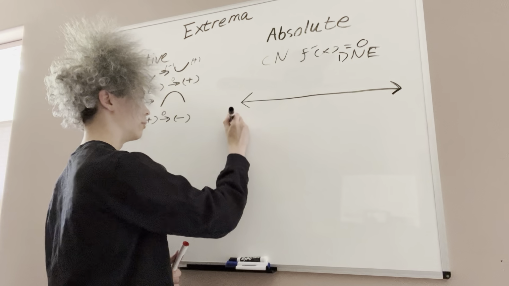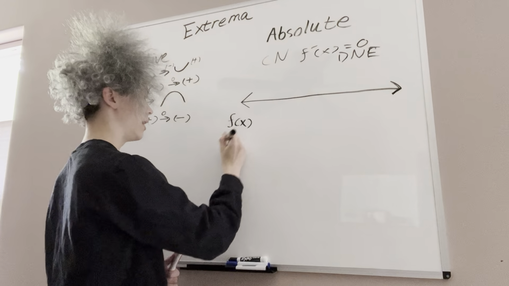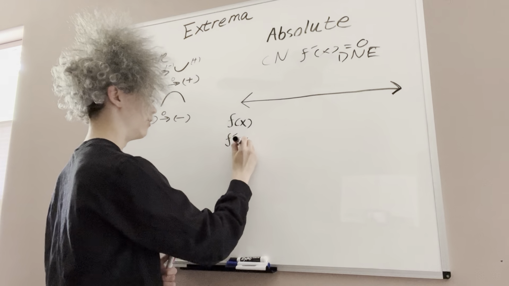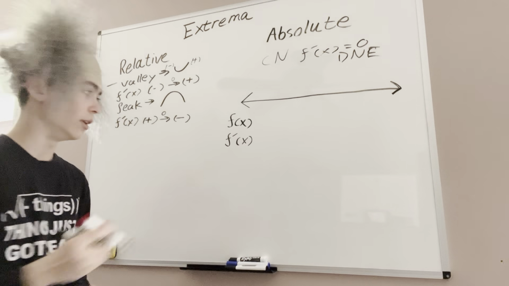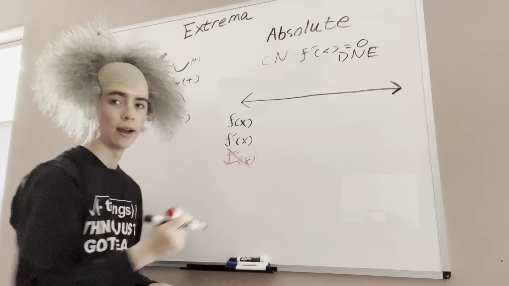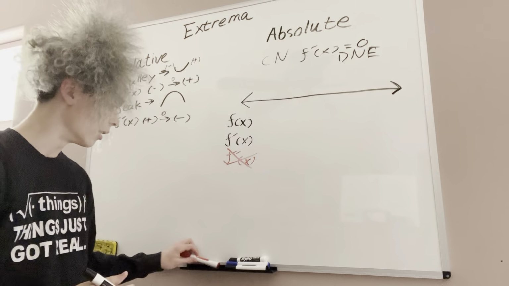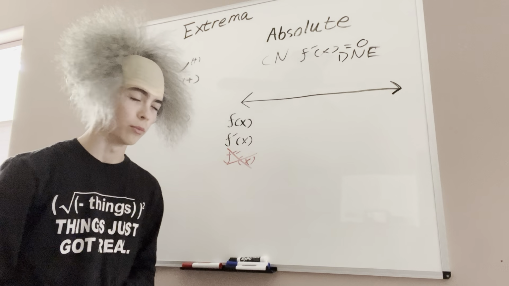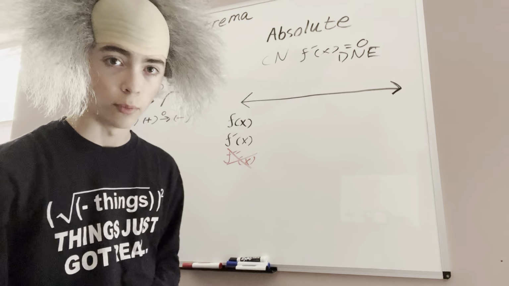And I like to label f of x on the side, f prime of x, and eventually when we start dealing with concavity, we'll have f double prime of x, but we're not going to deal with that today. We're not going to really worry about inflection points like we introduced in that one video.